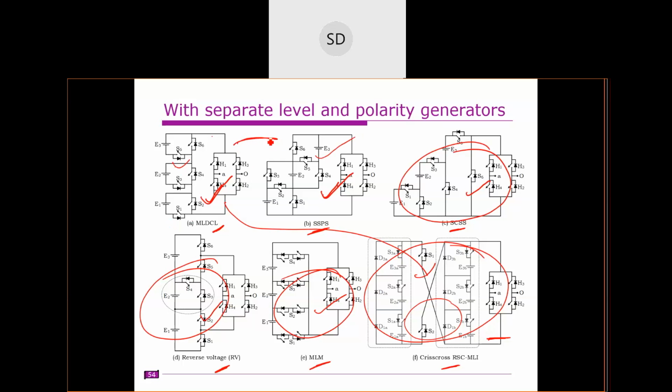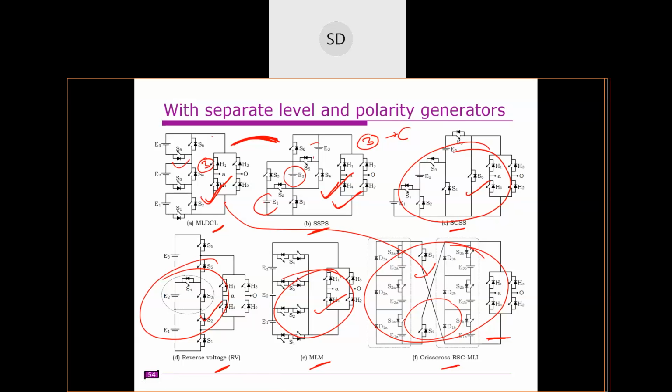If you compare these two again, in SSPS there is a certain advantage that we can replace these DC sources with capacitors. And another is that only two devices are conducting if you have three DC sources, whereas here three devices are conducting, so the switching losses for SSPS are slightly less, especially in the level generator.